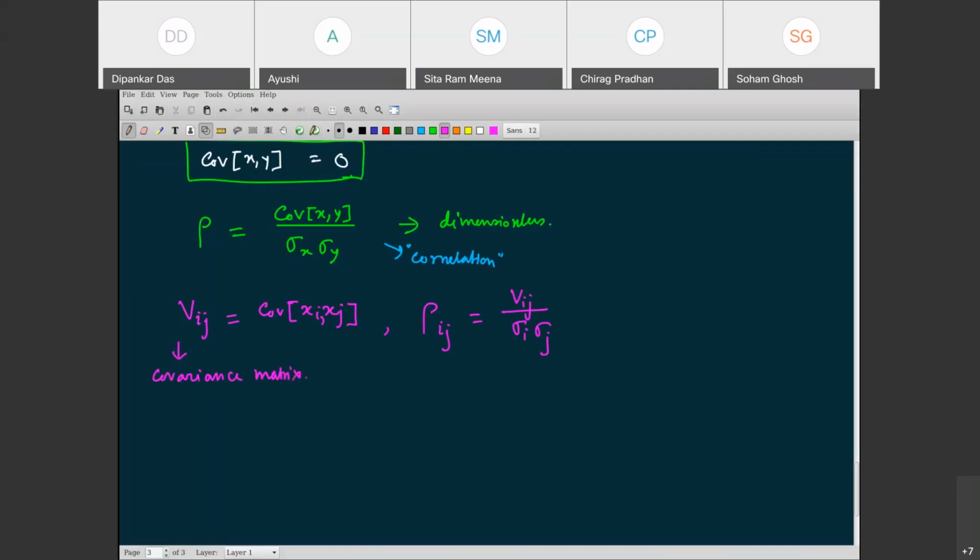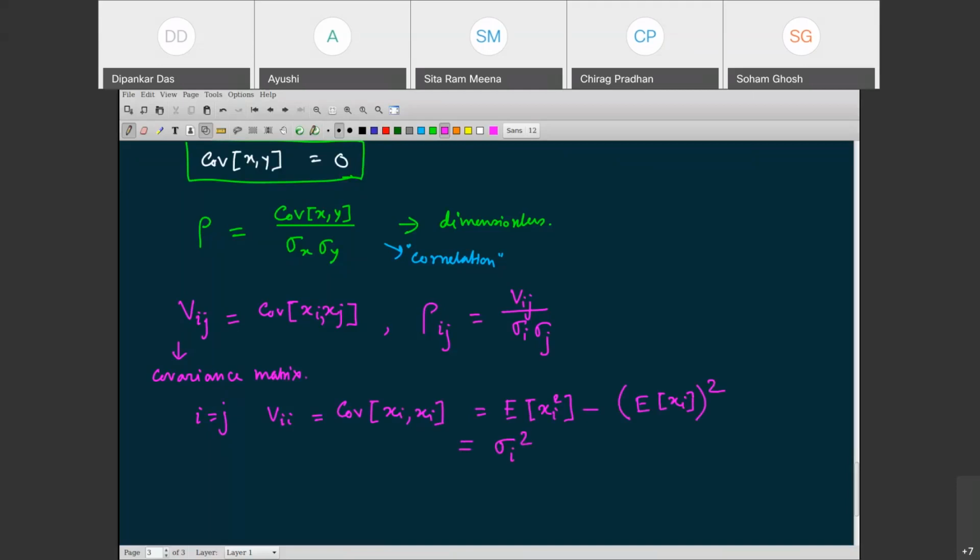Okay. And you should note that for i equals j, V_ii is basically the covariance of x_i and x_i. So if you plug in the definition, it is the expectation value of x_i squared minus the expectation value of x_i, whole squared. By definition, the difference of these two expectation values is the variance of the ith random variable. So I call it sigma_i squared.